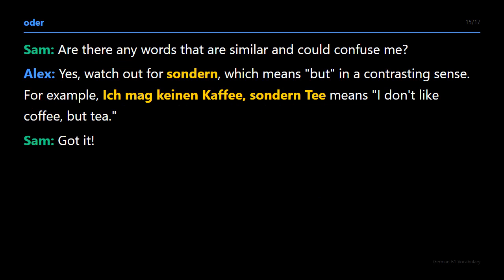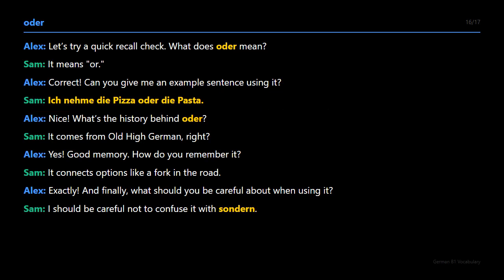Got it. Let's try a quick recall check. What does oder mean? It means or. Correct. Can you give me an example sentence using it? Ich nehme die Pizza oder die Pasta. Nice.